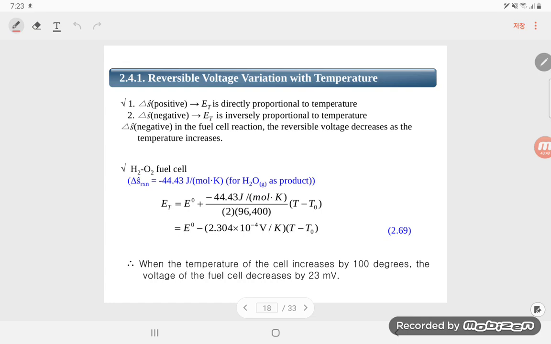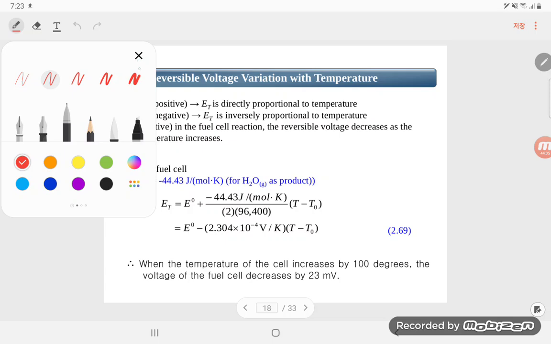So if delta S is plus, then ET is directly proportional to the temperature. And if delta S has a minus sign, negative, then ET is inversely proportional to the temperature.